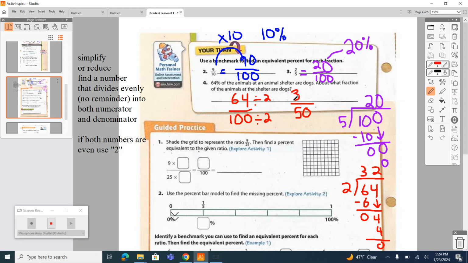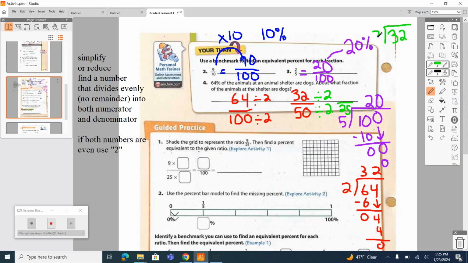But if both numbers are even, let's simplify by 2. So I'm going to keep going here. I'm going to divide the top and the bottom by 2. And hopefully you remember, or you could do the long division, that 50 divided by 2 is 25. Okay? But now I have to do 32 divided by 2.